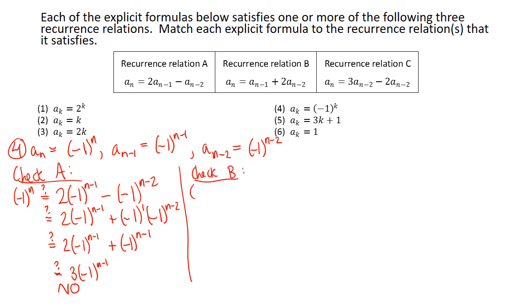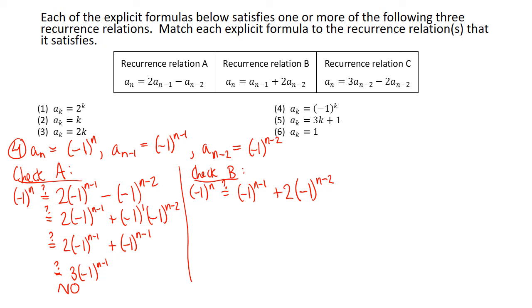So on the left I have an minus 1, and on the right I have an minus 1, and then plus 2 times -1 to the n minus 2. Okay, so this is probably the trickiest one of all, and maybe it's too tricky that I shouldn't have even put it.